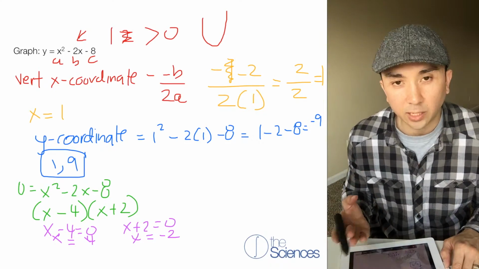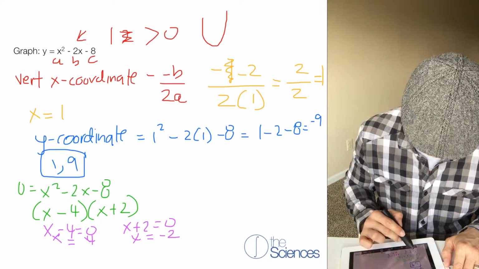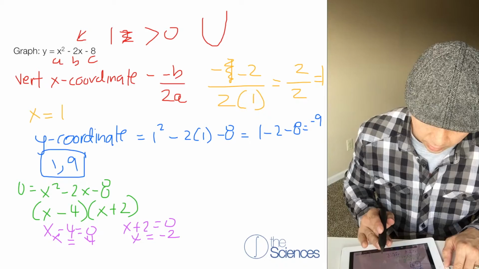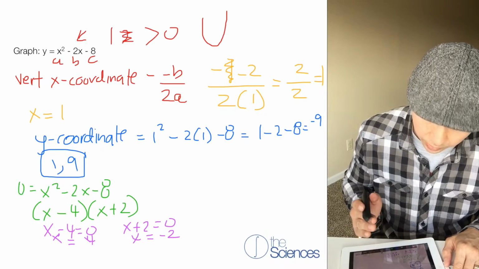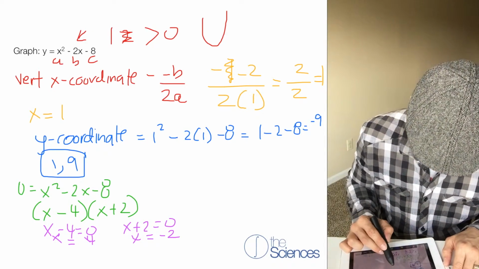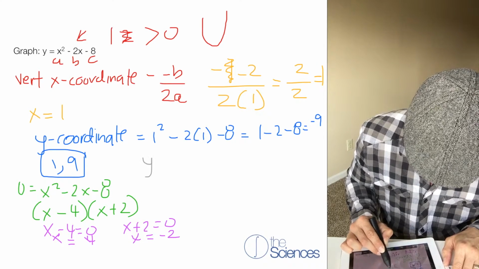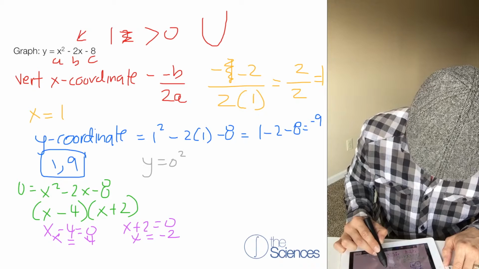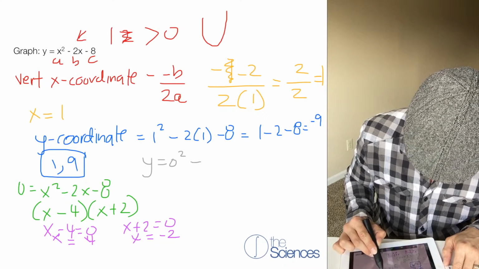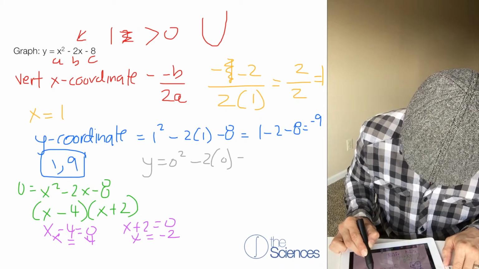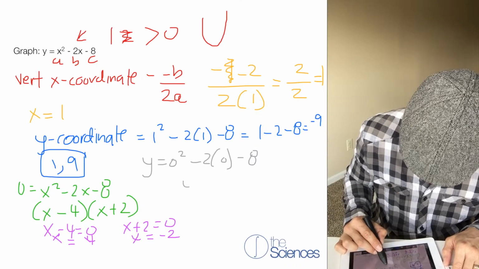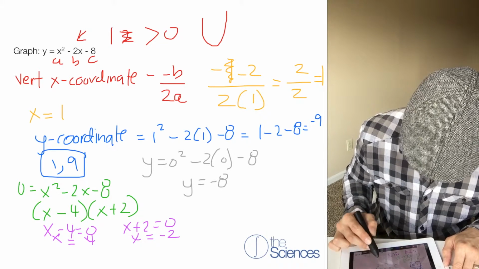Now, to find our y-intercept, we let x equal 0. So now y equals 0 squared minus 2 times 0 minus 8. So y equals negative 8.